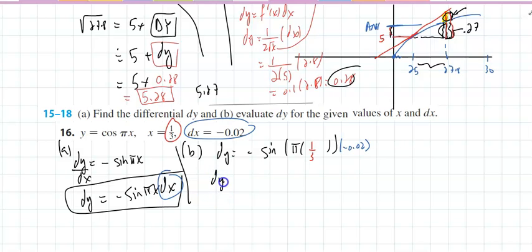And dy would be negative the sine of pi over 3, which is radical 3 over 2, times negative 0.02. That's a positive. This makes that a 1. So that is 0.01 radical 3 times pi. Right? Oh yeah, right there. There should be a pi there.